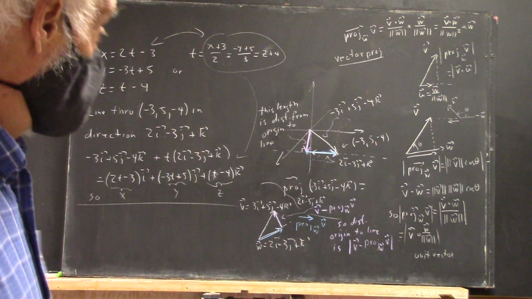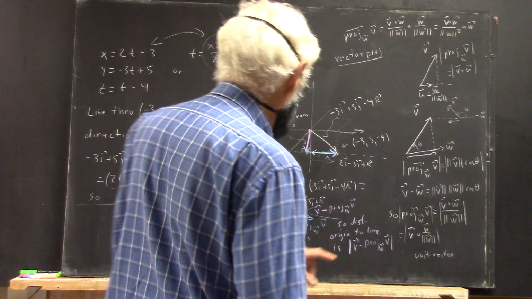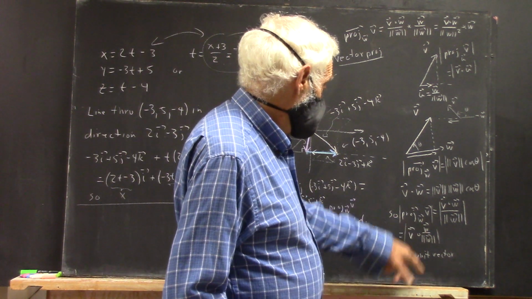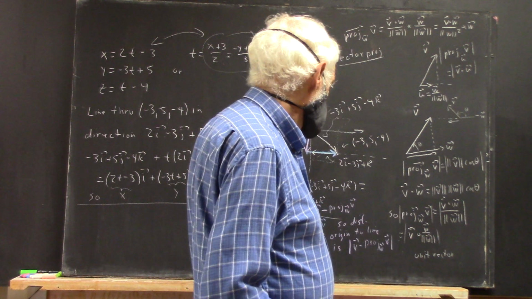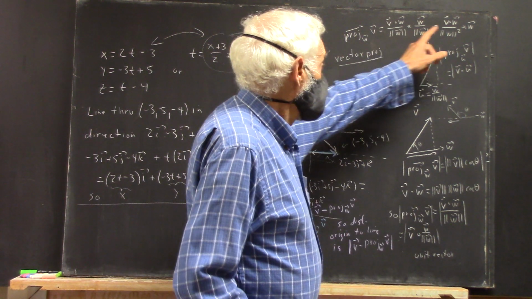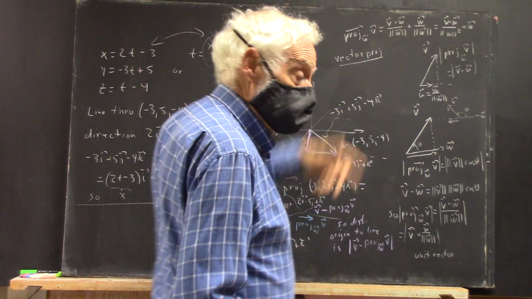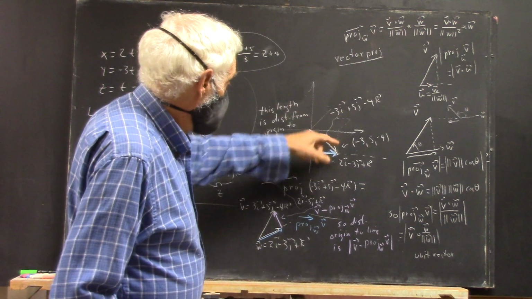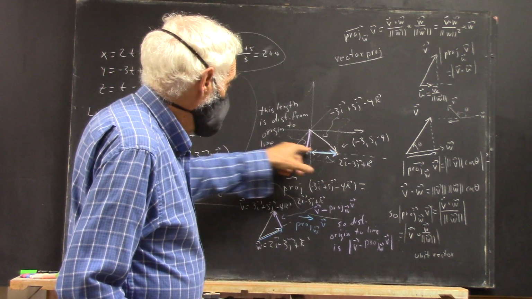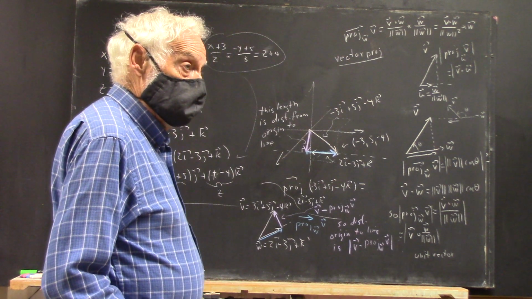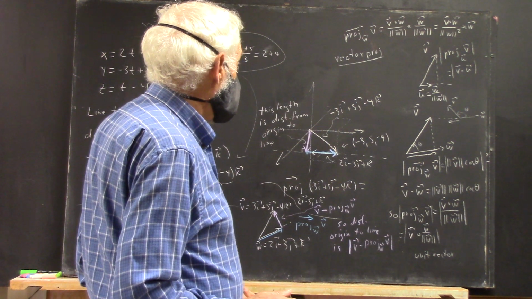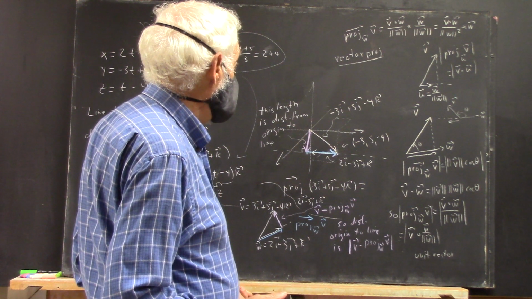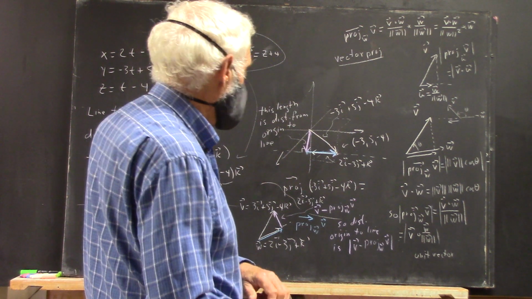And that's easy to calculate. You just do the projection. Projection is just this. Well, it's the vector. It's the vector you get up here from this vector and this vector, okay? So it's easy to calculate.